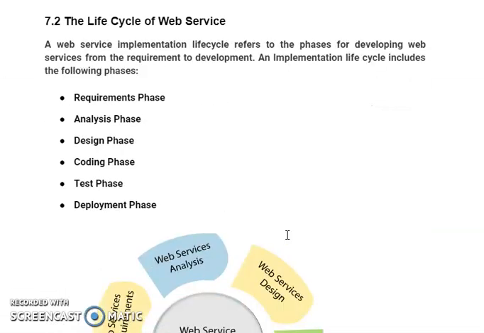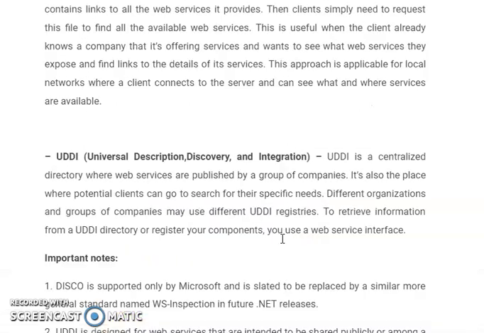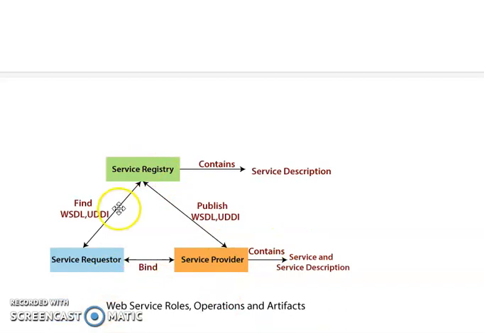Then we have seen just about the life cycle of the web service, and we learned the different phases of these web services, and how exactly different roles are involved in this web service. One is a provider, second is a requester, and third is a registry. So here the starting is the service requester, requesting the web service. It will request the service provider.